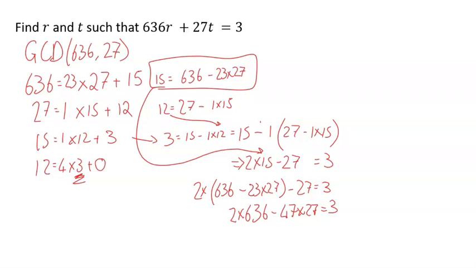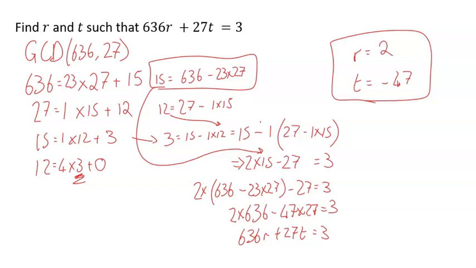What we'll now do is look at the original expression that we wanted. So the 636R plus 27T equals 3. And just by comparing the two of them, I'm looking at coefficients, I'm able to say from that R is equal to 2 and T is equal to negative 47. So slightly bigger numbers in some cases, but it's still the same set of steps.